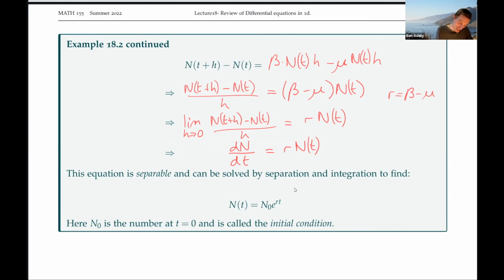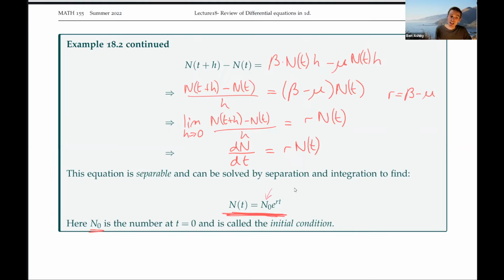So in this case, this happens to be a separable differential equation, and we can solve this with this explicit solution here. So the population at time t is equal to n naught, where n naught is our initial condition, so the number of individuals in the population when t is equal to 0. So we have n naught times e to the rt.